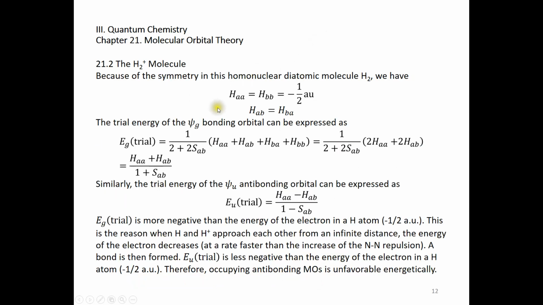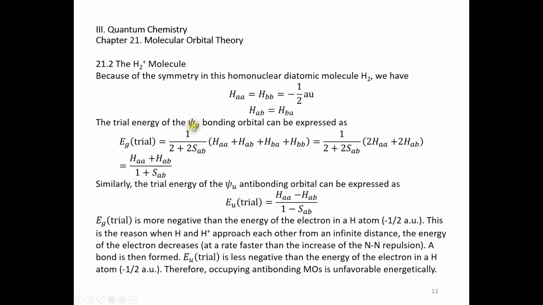And because of the symmetry in this H2 plus molecule, we have H_AA equals H_BB, H_AB equals H_BA. Also, the physical meaning of H_AA is just the energy of the electron in the hydrogen atom A. H_BB is the energy of the electron in the hydrogen atom B. So these two are both equal to negative 1/2 atomic units.